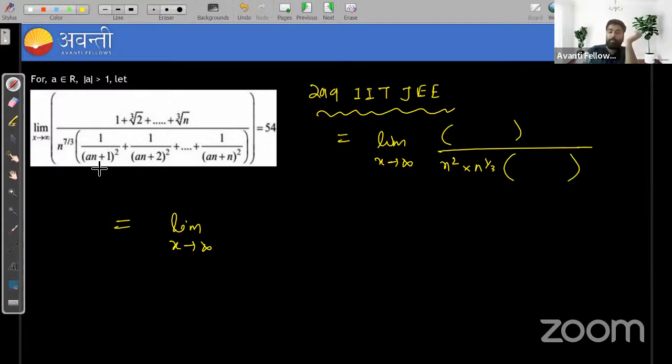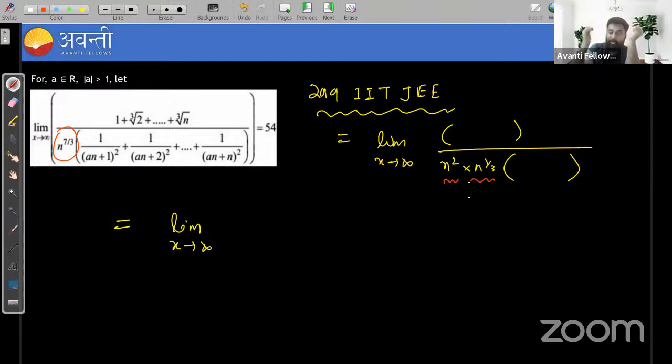Can n to the power 7 by 3 be written as n square into n to the power 1 by 3 or not? So if you divide the numerator and the denominator by n to the power 1 by 3, that is, I'm dividing cube root of n in the numerator as well as in the denominator.